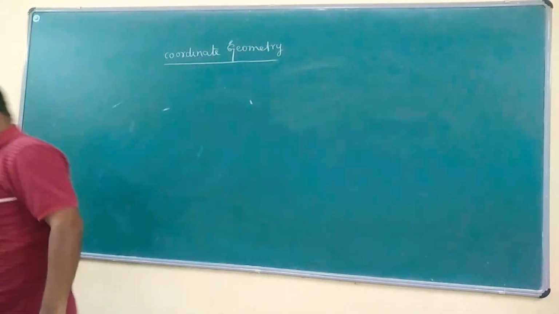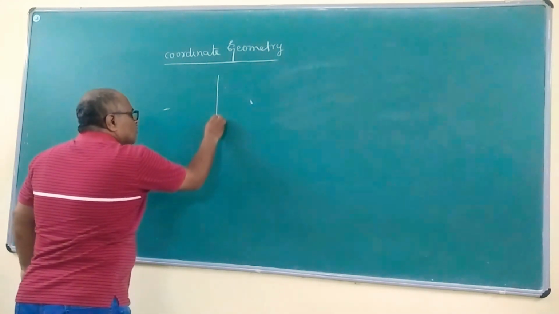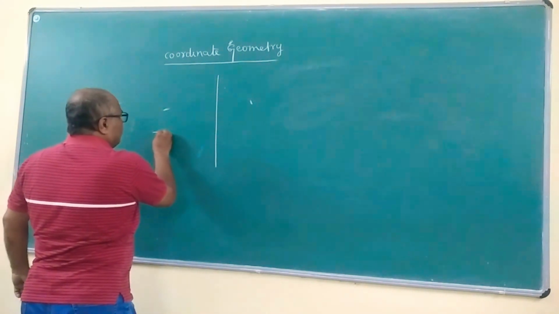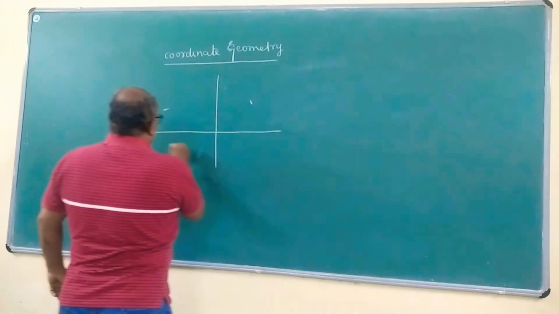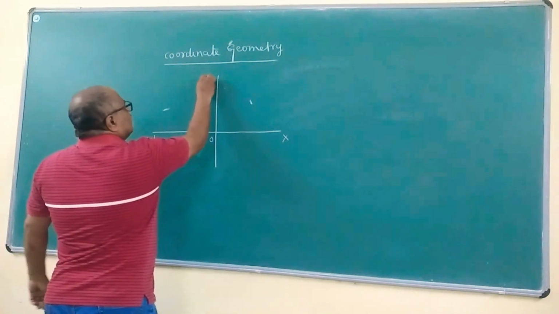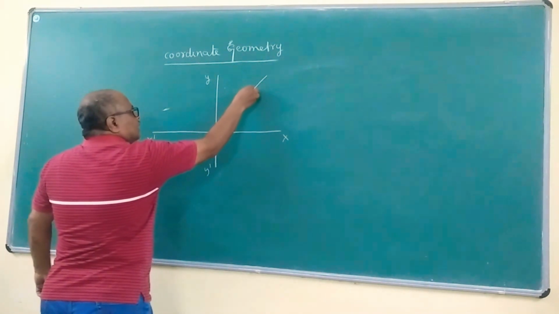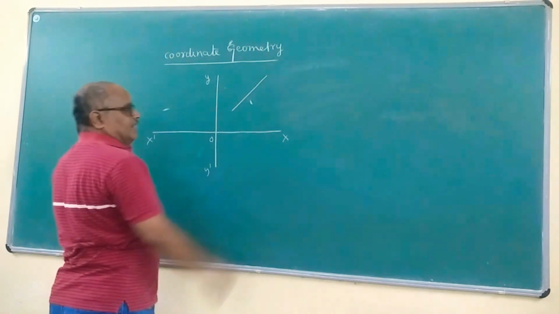That is the distance formula. You know well, XOX' and YOY' are two mutually perpendicular lines. AB is one of the lines lying in the first quadrant.